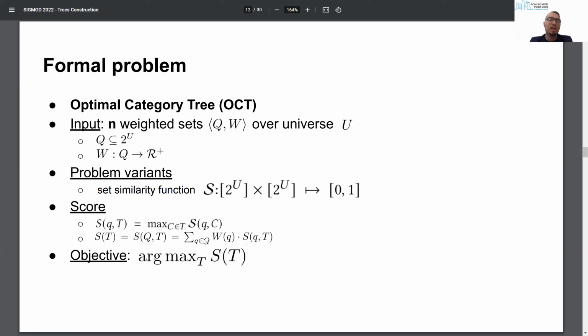So this is the definition, and this is the sum of weights of queries multiplied by the similarity of each individual query. Because as I told you, each input set, which is in our case a query, has its own different weight. So it's very important to follow the weights and to give more priority to more important input sets. And our objective is to build a tree that maximizes this score.